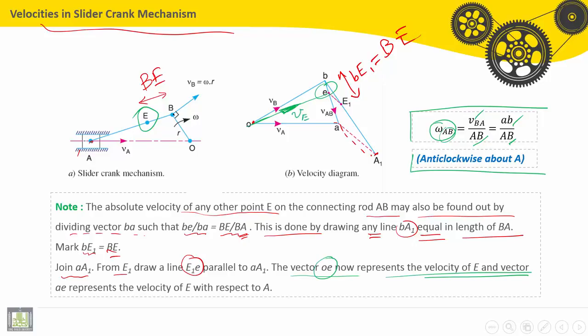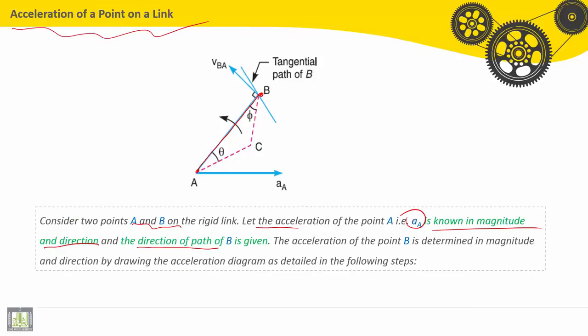AE represents the relative velocity of the point E, and the direction of the path of B is given. The acceleration of the point B is determined in magnitude.